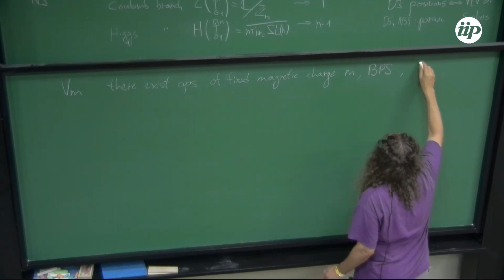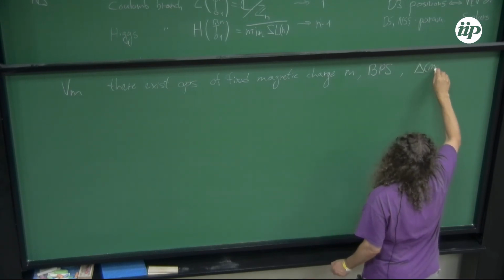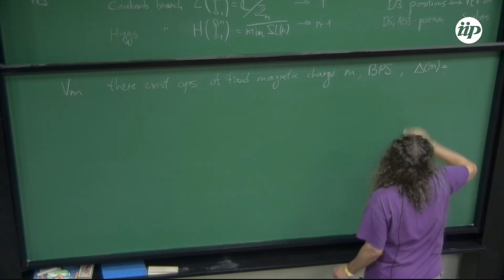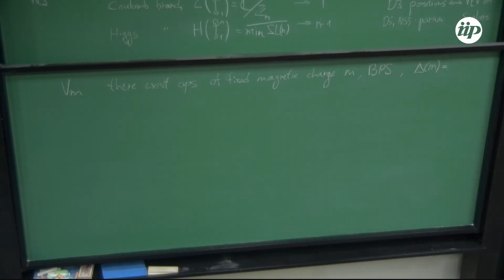So the energy, which is typically denoted in the literature as delta M, is proportional to the magnetic charge.